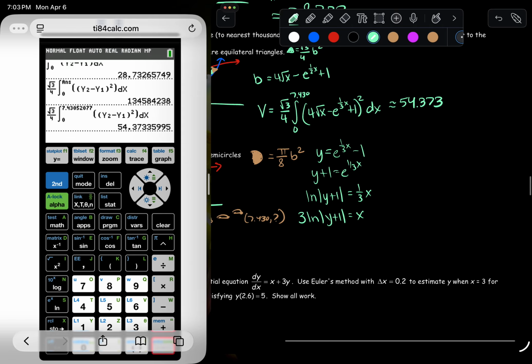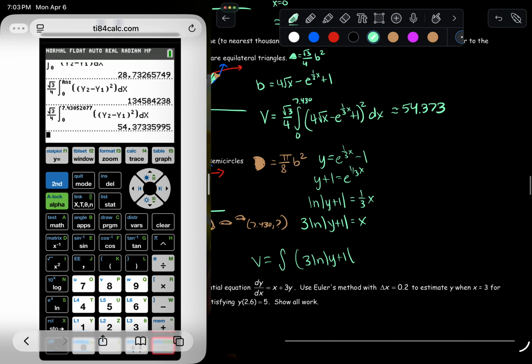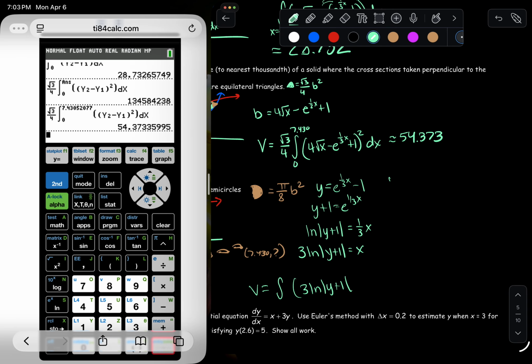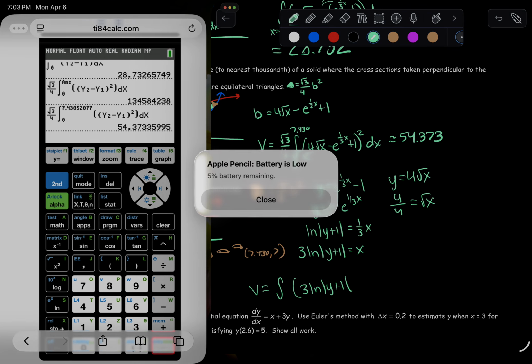All right, so if I set up my integration, we'll set it up down here. That will be my first part. So 3 natural log absolute value of x plus 1. I'm sorry, y plus 1. All right, now we need to do the second one, which is this 4 times the square root of x. Divide both sides by 4. And now square both sides.